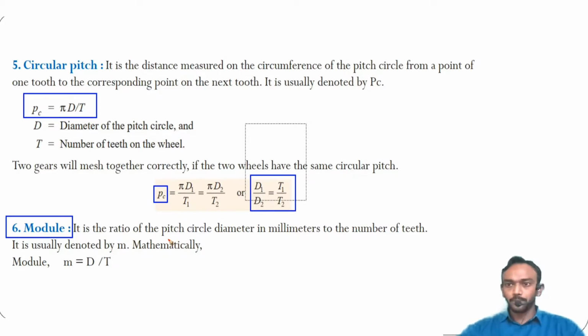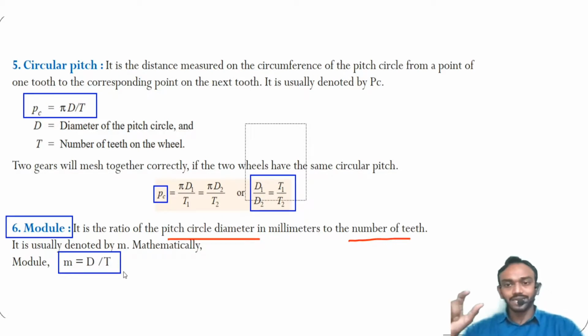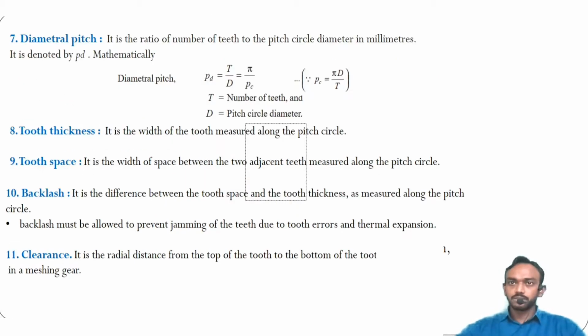The module is the ratio of the pitch circle diameter to the number of teeth. So m equals d by t, where m is the module. Next is the diametral pitch, which is the ratio of the number of teeth to the diameter of the pitch circle.